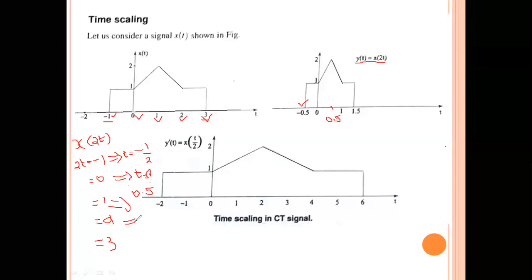Now this is 1, 2 by 2, 1. Now this is 3 by 2, 1.5. Now what is the difference between the original signal and the x of 2t signal? It is a compressed version. The waveform is compressed.